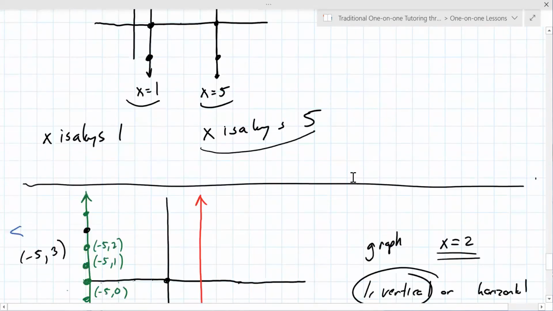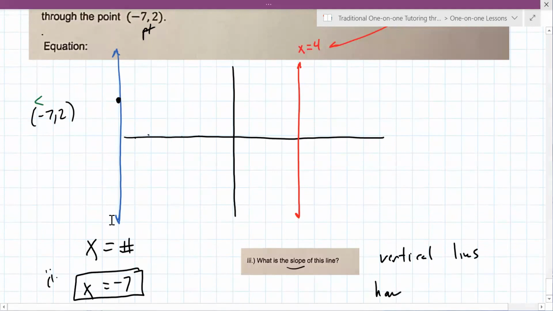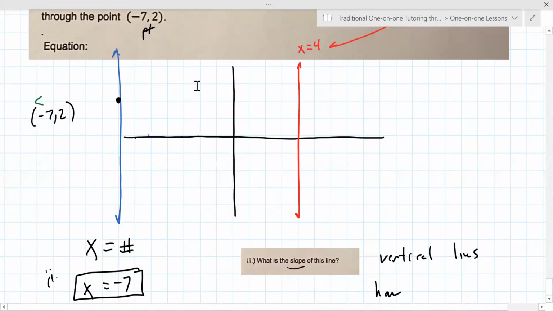Let's go back and look. Is this a vertical line in blue or is it a horizontal line? It's vertical.